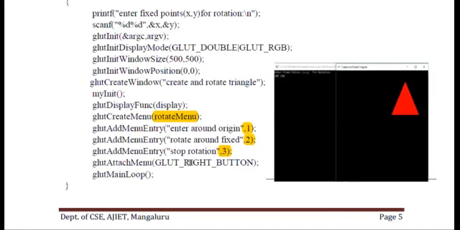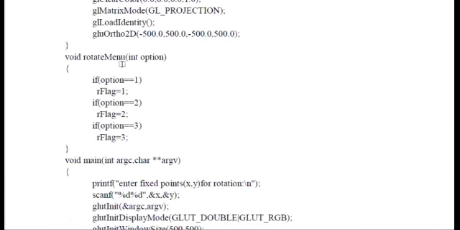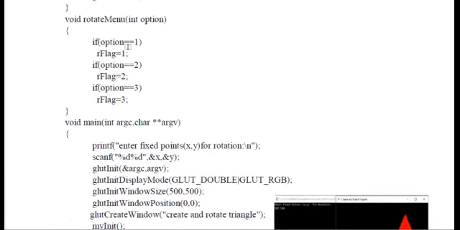Okay, so these are the three options, and these three options will pop up when you right click the mouse button. When you right click the mouse button, you will get these three options under the rotate menu. Okay, so let me go to rotate menu. In the rotate menu, here it says if option equal to 1, that means option 1 is for rotate around the origin.